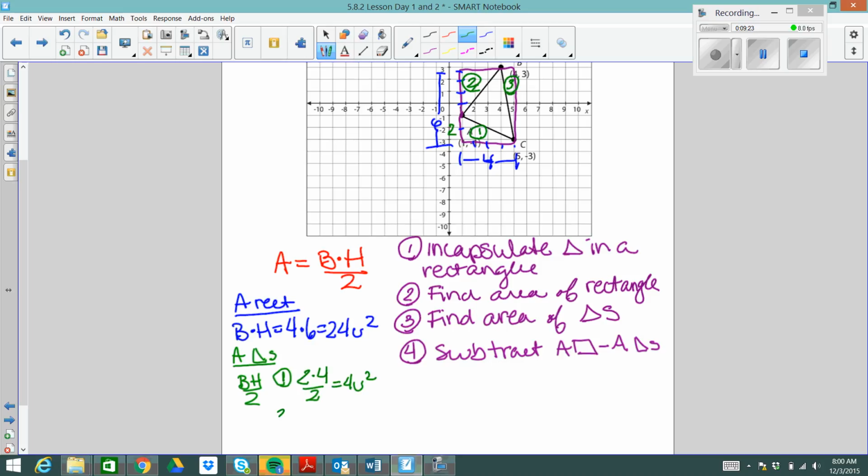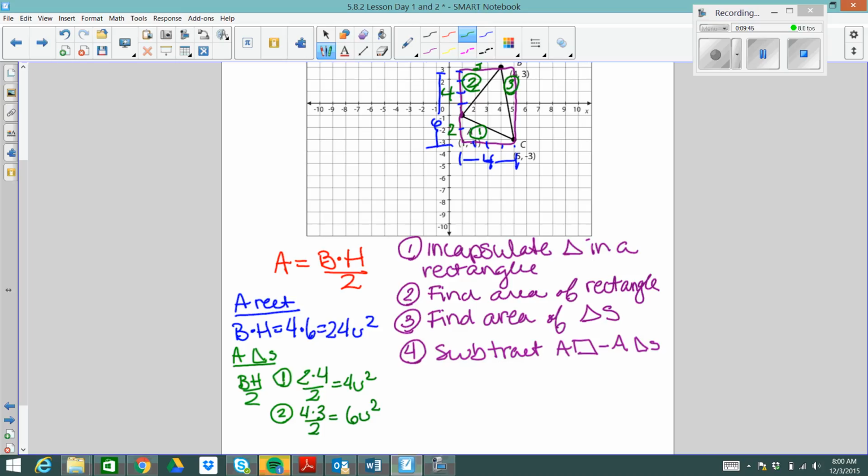The area of our second triangle is 1, 2, 3, 4 units high, 1, 2, 3 units for the base. So base times height divided by 2, or 4 times 3 divided by 2, gives us 6 square units.